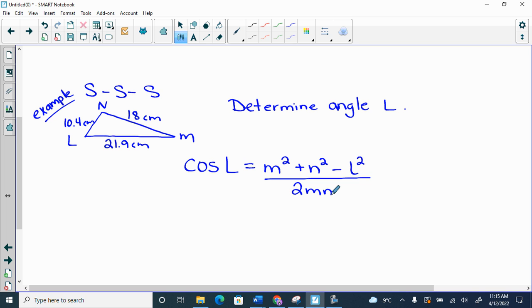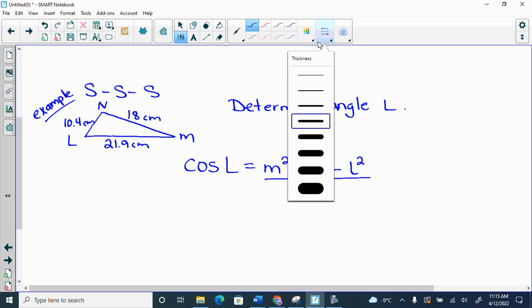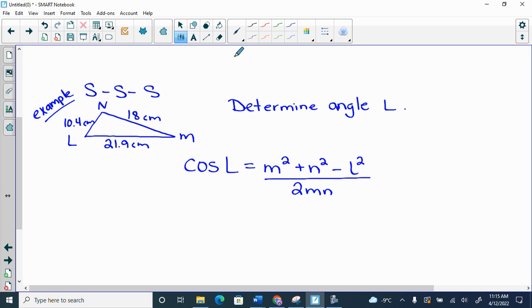So you put the two sides that don't match first and on the bottom, and then you subtract the side that does match. Now we know we're going to be looking for an angle, so in the end, what are we going to have to do? Inverse cosine. So we go cos neg 1, but the whole thing. That's what we're going to end up having to do.